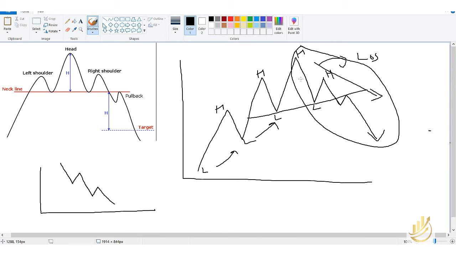So if you do not remember the pattern and you just focus on uptrend and downtrend and the concept of highs and lows, you will be able to identify trades quickly. You don't have to remember that this pattern is occurring. So let's say this is high and this is low and this is high and this is low and this is high.